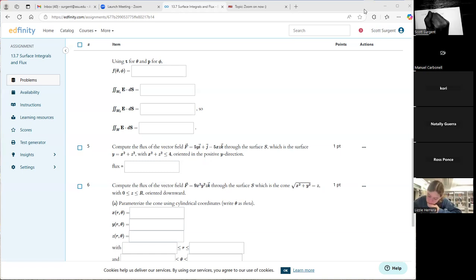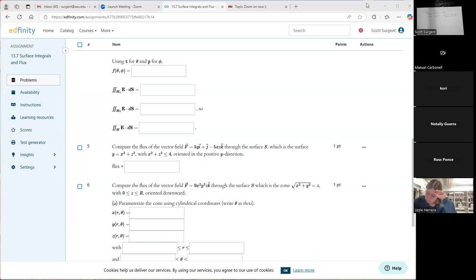So the surface is y equals x squared plus z squared, and we're told that x squared plus z squared is less than or equal to 4, so that's a circle. It's oriented in the positive y direction.